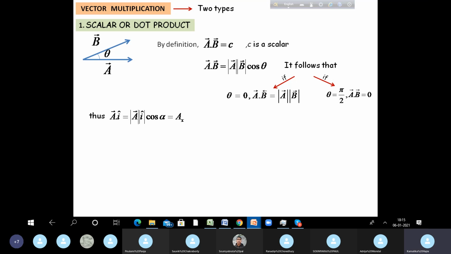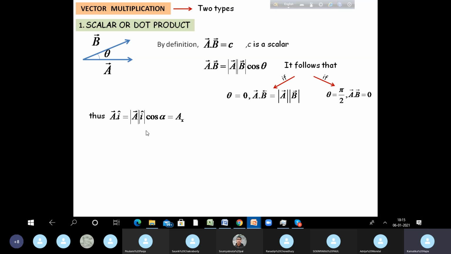So from this definition, if one of the vectors is A and the other vector is, suppose, I cap, the unit vector along the x-axis, then if you take the dot product of the vector A with I cap, according to the definition of dot product, we will get mod A into mod I into cos alpha, where alpha, remember, is the angle made by the vector with the x-axis.